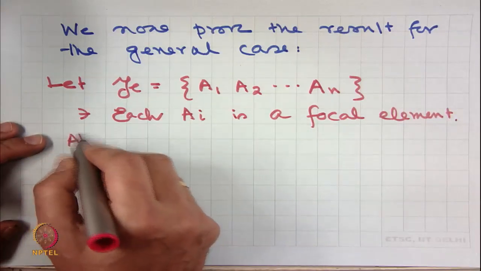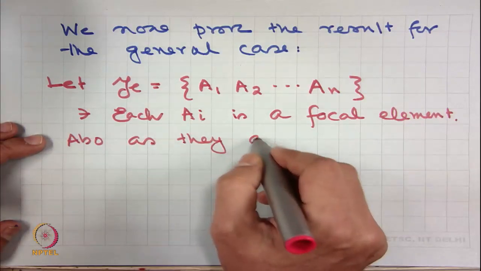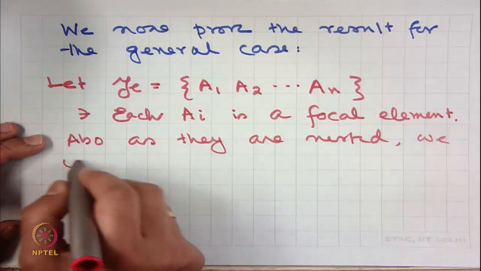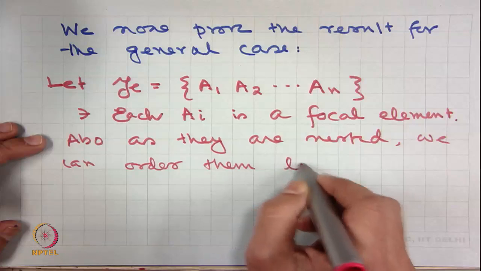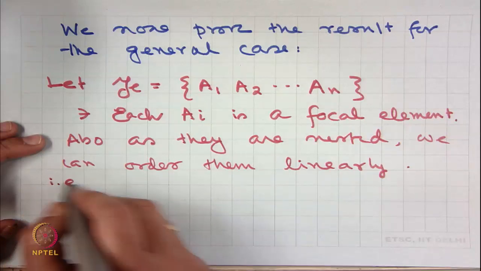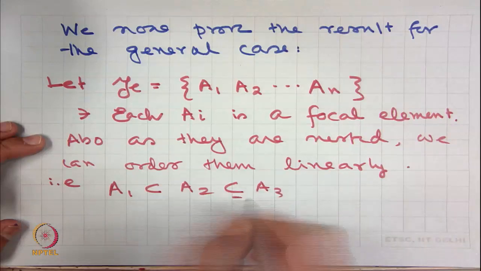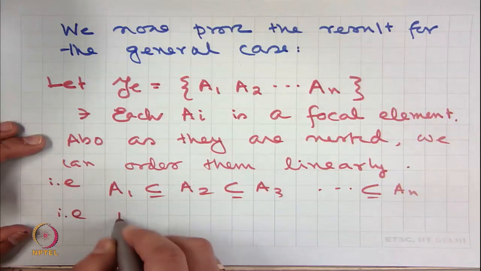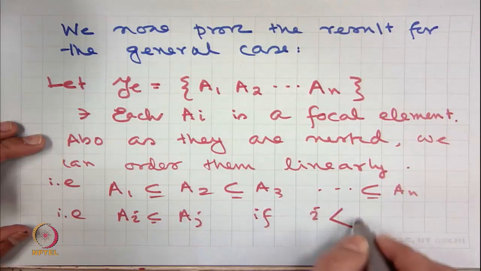Also, as they are nested, we can order them linearly, that is A1 contained in A2 contained in A3 up to An, that is Ai is contained in Aj if i is less than j.